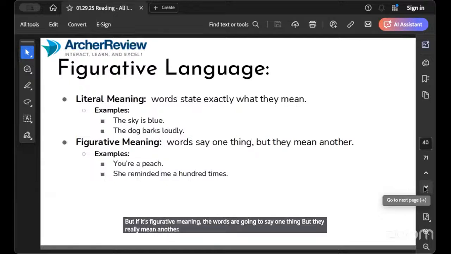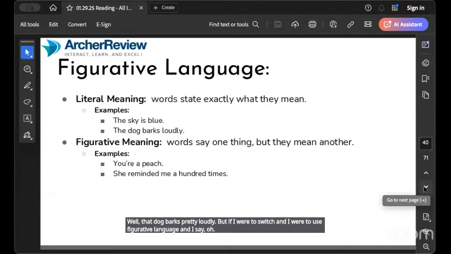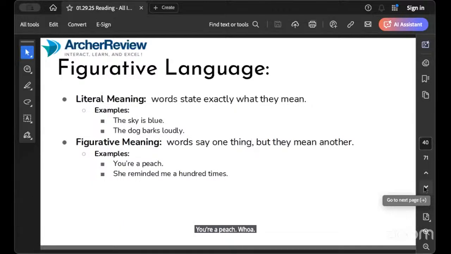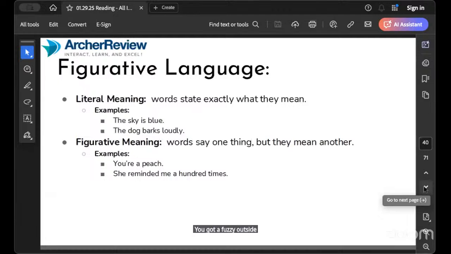Okay? So, for example, if I say the sky is blue, guess what? That sky is blue. If I say the dog barks loudly, well, that dog barks pretty loudly. But if I were to use figurative language and say, oh, you're a peach, well, I don't mean that I just plucked you off a peach tree, and you've got a fuzzy outside and a stone in the middle.